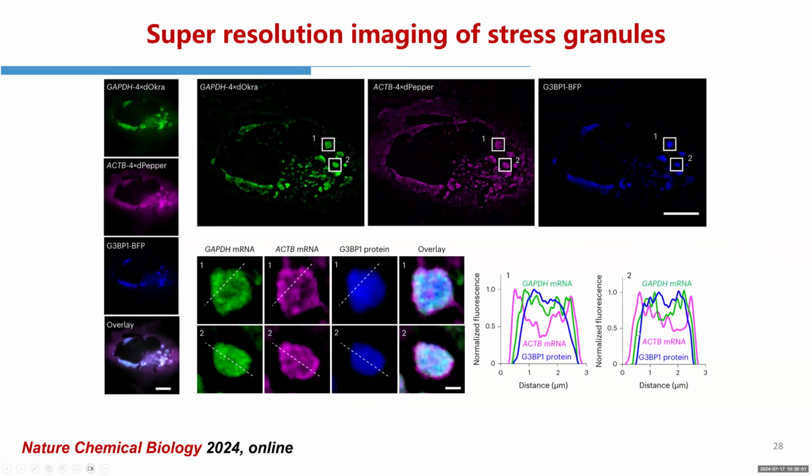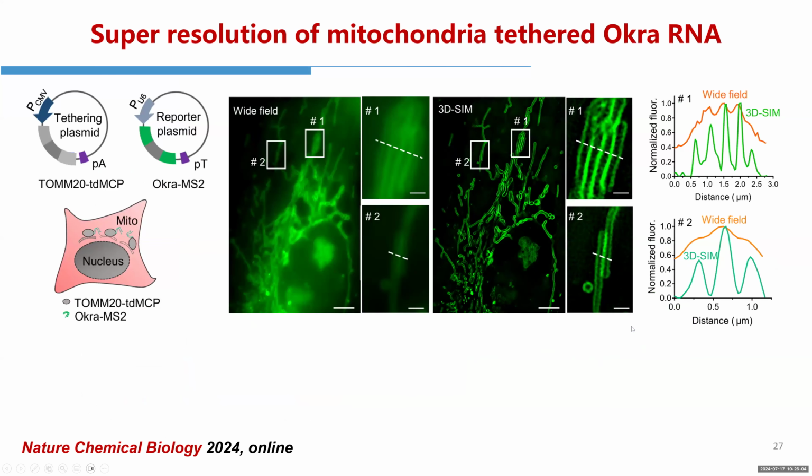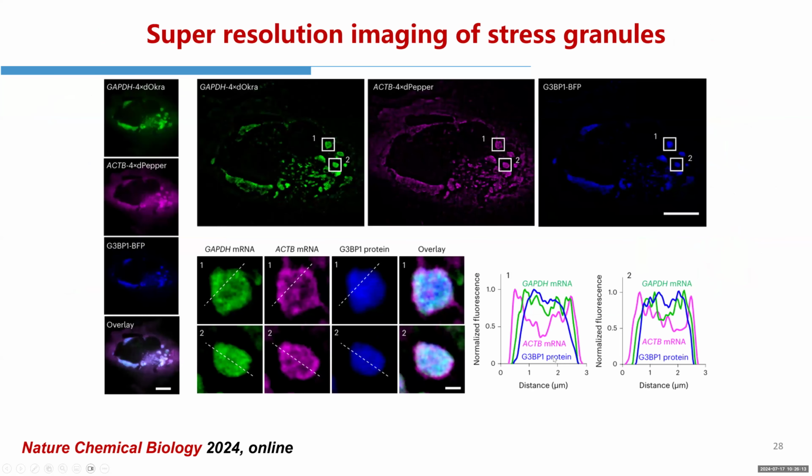For this reason, Okra allowed structured illumination super resolution imaging because it's very photostable. Examination of the stress granules with structured illumination microscopy revealed that both proteins and RNAs exhibit non-uniform distribution in stress granules, with clusters of higher concentration.